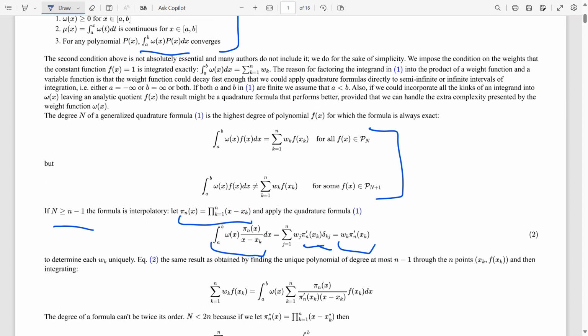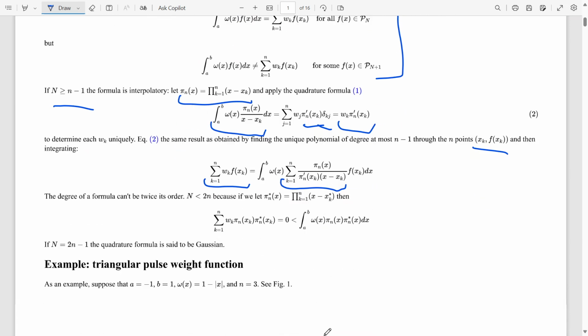If we insert that formula into the Gaussian quadrature formula and reverse the order of summation and integration, we get the same result as would be obtained by substituting the unique polynomial of degree at most n minus 1 that goes through the points xk, f of xk in the original integrand.